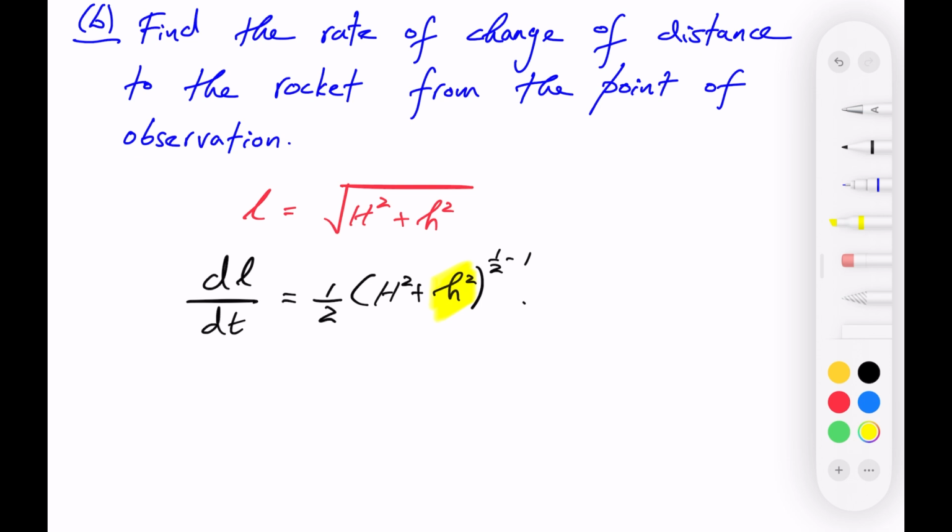Then we just have to differentiate lowercase h squared with respect to time. First, you can differentiate that lowercase h squared with respect to h itself, and then multiply that by dh by dt, because we need to differentiate with respect to time. Then it becomes this times 2 times lowercase h, that times dh over dt.